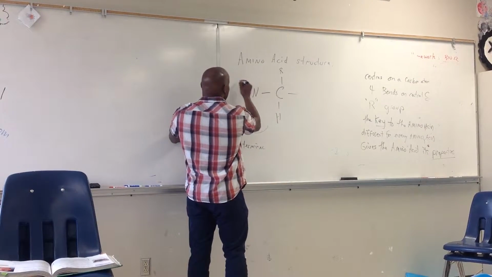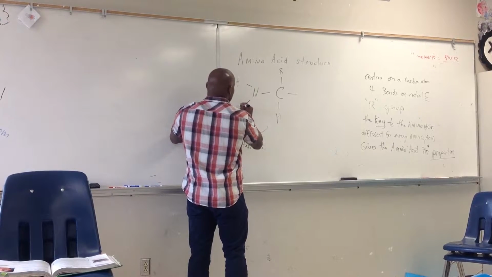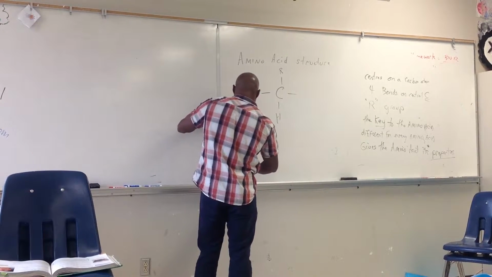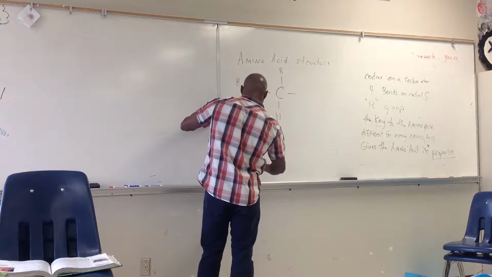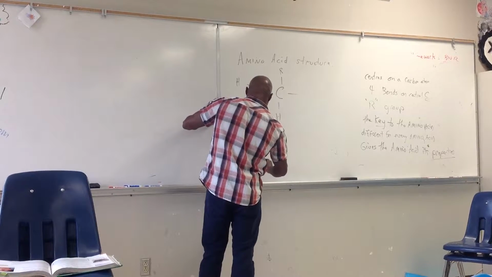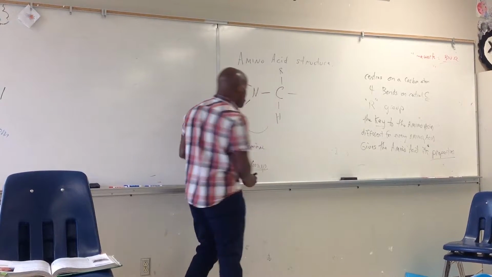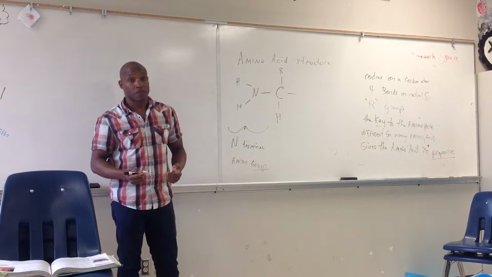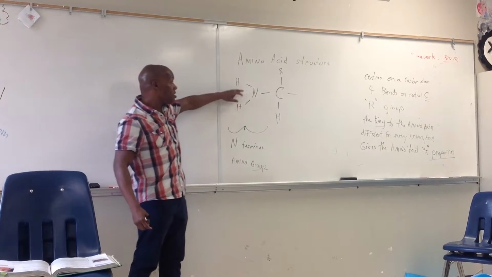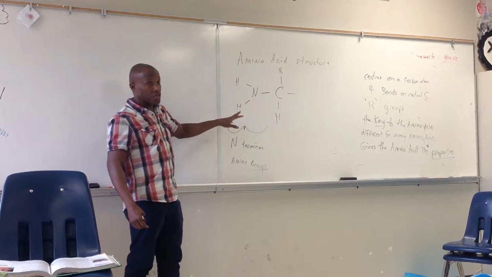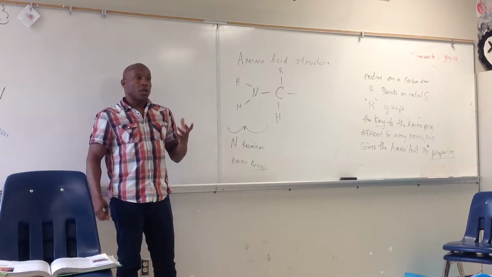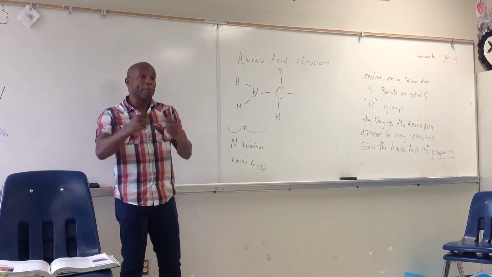So this side here is what we call an amino group. By group, we mean group of atoms. So an amino group is simply a nitrogen and two hydrogens. In organic chemistry, this is called an amino group.